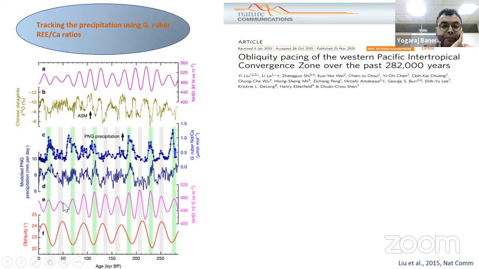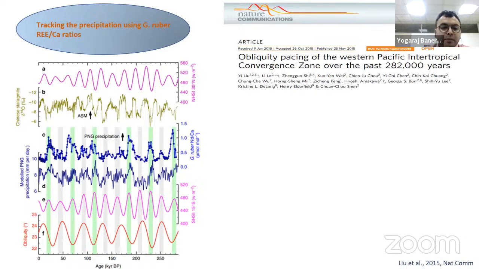So these are the time periods when, even though we have higher southern hemisphere solar insolation, the precipitation was lower. So the question is, what is that unknown beast that is coming into the picture periodically and diminishing the absolute dominance of precession in controlling the precipitation pattern over the Papua New Guinea region?